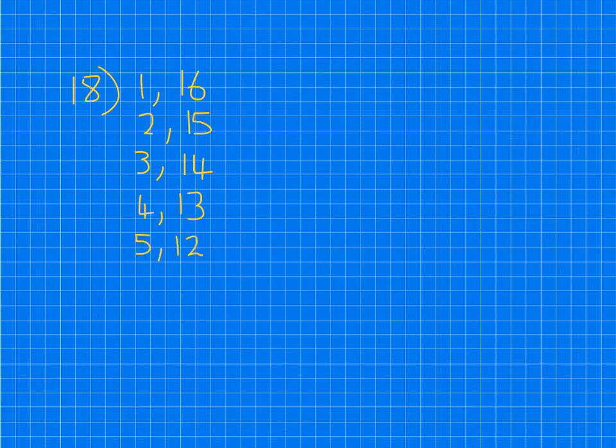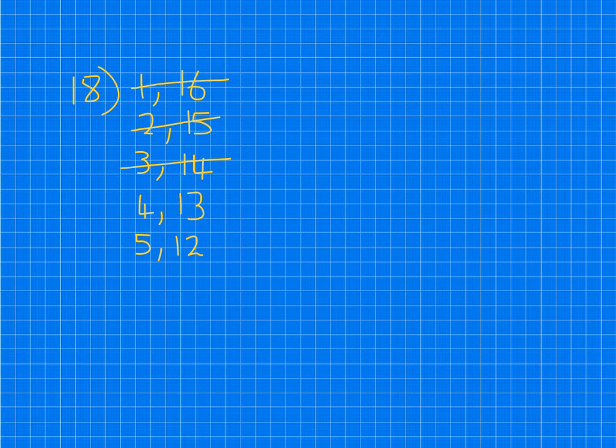As you're going, look to see if the difference is 3. Well, the difference between 1 and 16 is 15, so that's not right. Difference between 2 and 15, 13. Difference between 3 and 14, 11. Notice the difference is going down as the numbers get closer together.